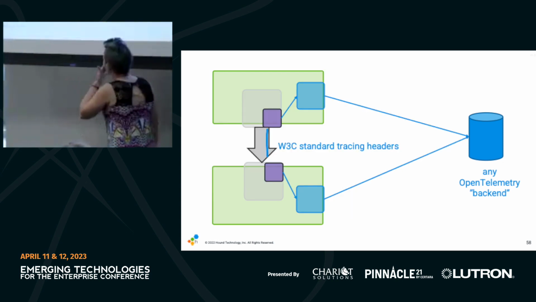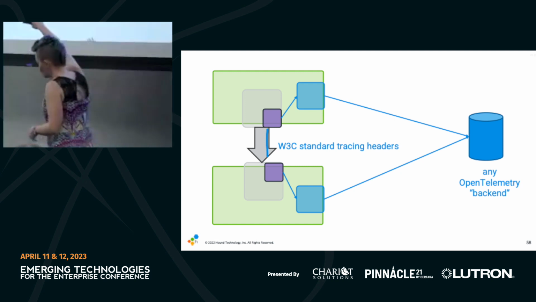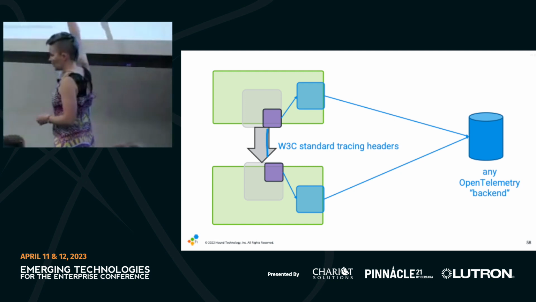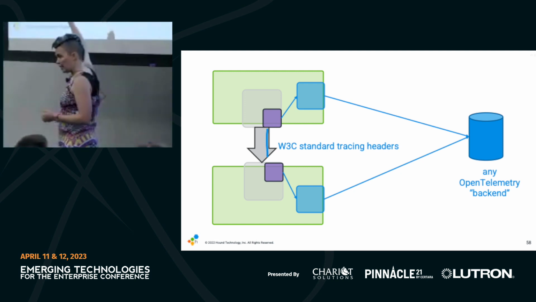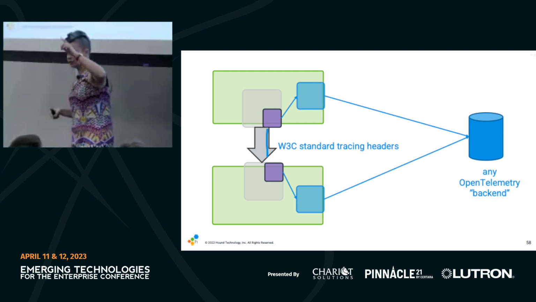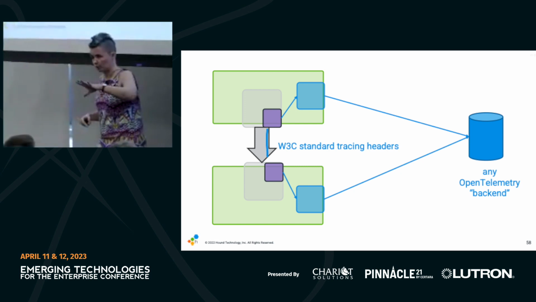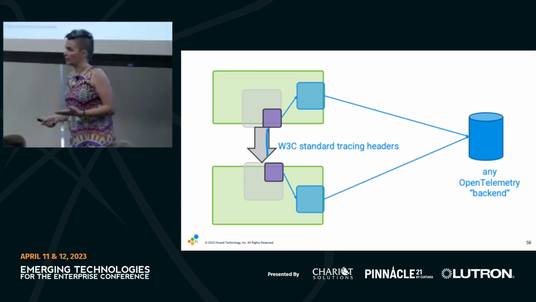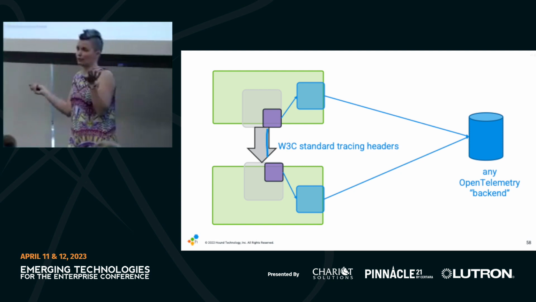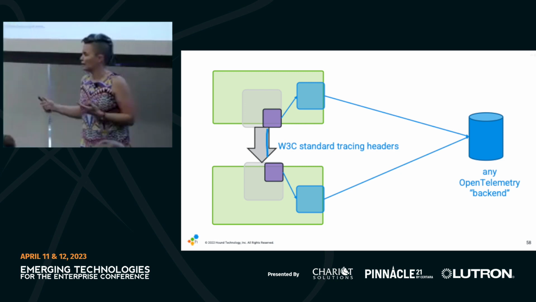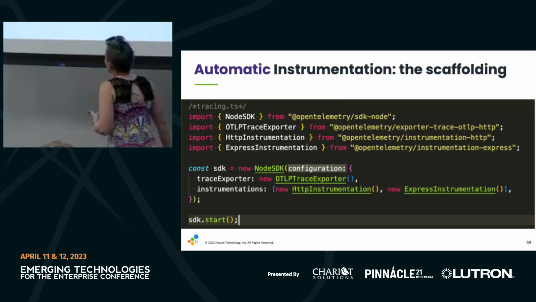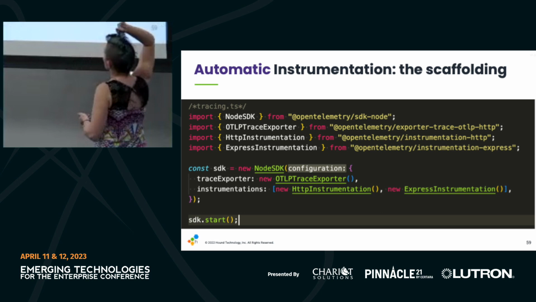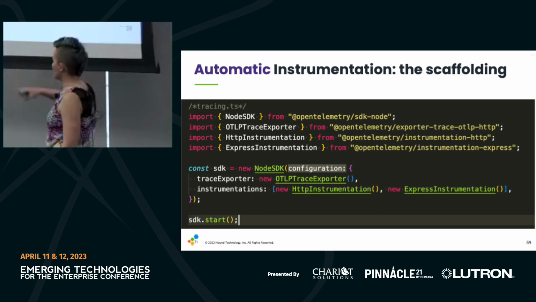Also, these automatic instrumentations plug into your HTTP clients and servers, and they'll do that propagation of the trace ID and the span ID for you. And that's actually a W3C standard, the trace context header. So that's even standarder than OpenTelemetry. Right, so auto-instrumentation provides the structure, the basic outline.